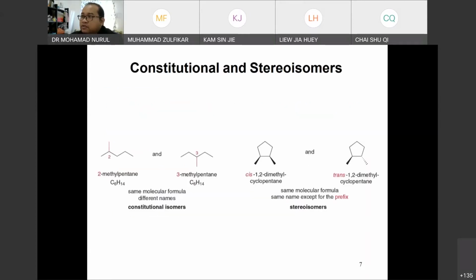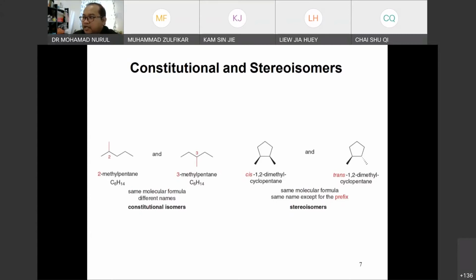Here are examples of constitutional isomers and stereoisomers. This one is 2-methylpentane, with the formula C6H14, and there is another compound, 3-methylpentane, with a similar molecular formula, C6H14, but a different name. So this one we call constitutional isomers.